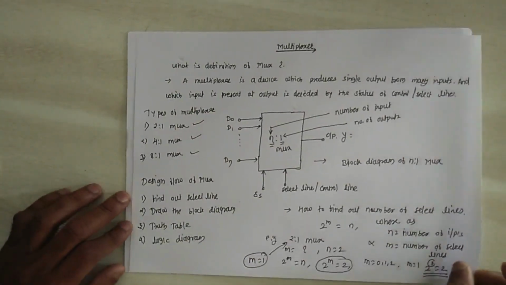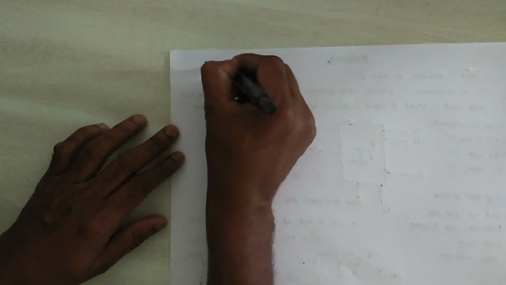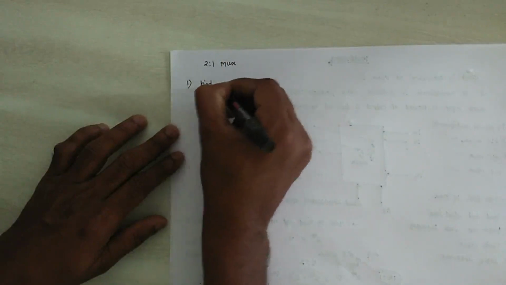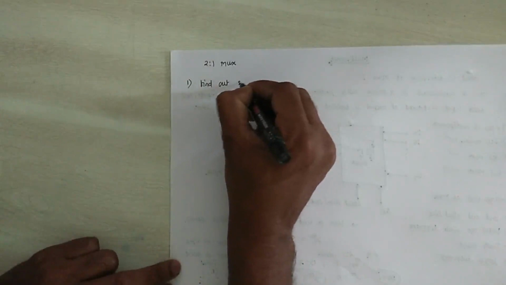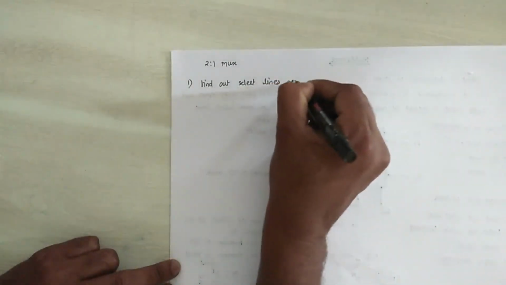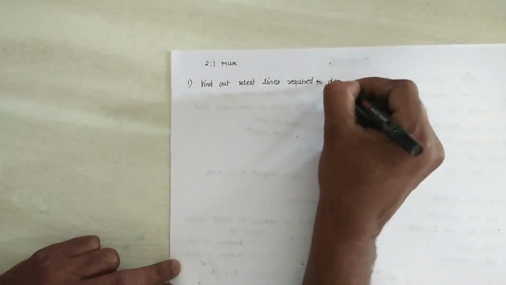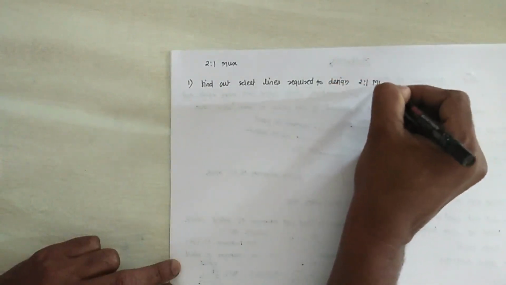Let's go with the first type, the 2:1 multiplexer. First, we have to find out the select lines required to design a 2:1 mux.